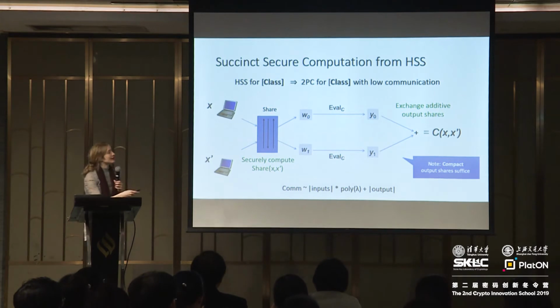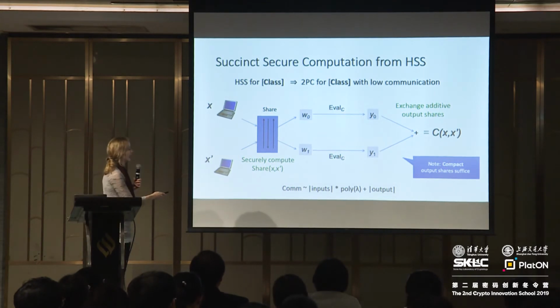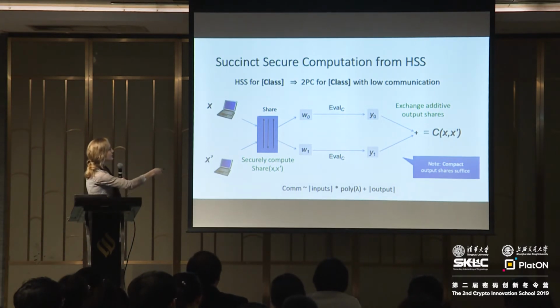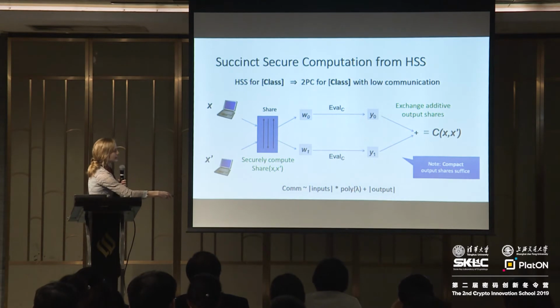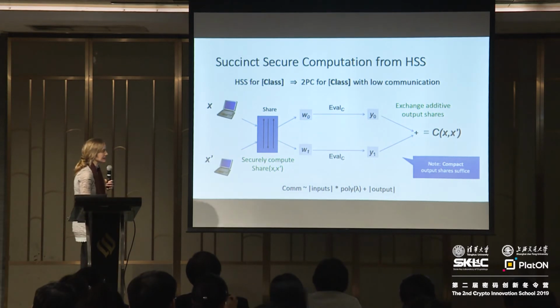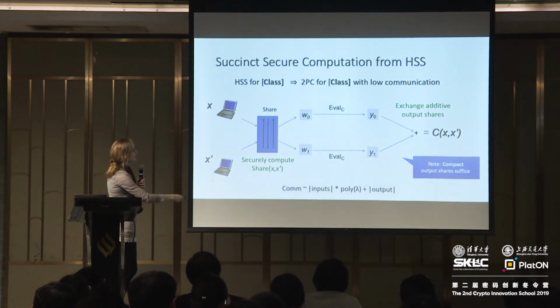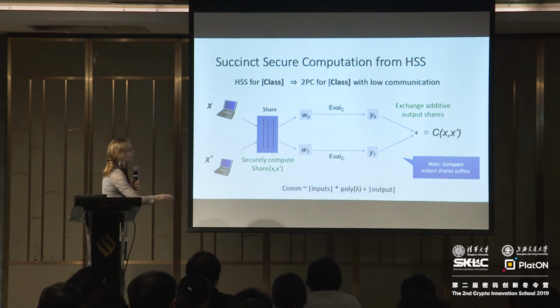Okay, so taking stock, what is the communication that this protocol has? Here lambda represents a security parameter, sort of the key sizes of these things. So the communication is something like the size of the inputs times, say, some polynomial in the security parameter.